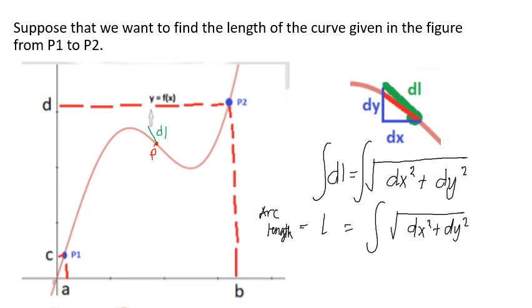If this L will travel from your lower limit to the upper limit, you could get the total length of this curve. Since in this given curve that we have, we represented the curve as y is equal to f of x, to get the length of the curve, we need to know our stripping, if it's in dx or dy. So again, for this example, we represent the curve as y is equal to f of x.